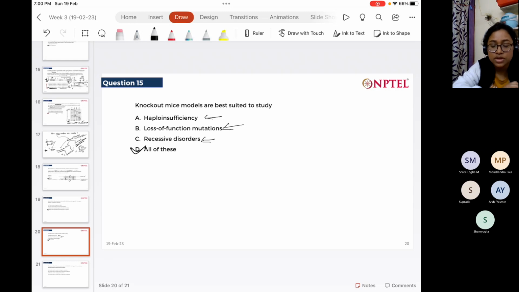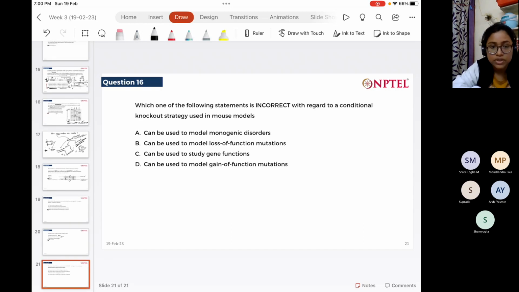So in all of these conditions, we just have to delete a particular DNA segment, and knockout allows us to do that. For recessive disorders, we may have to do it for several generations, and only then will we get the required phenotype because we are deleting segments from both copies of the gene. So it will take a bit more time, but it is possible.